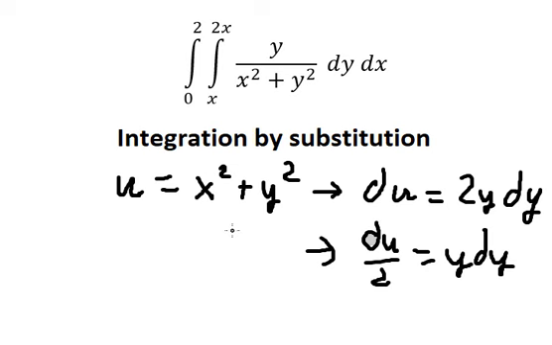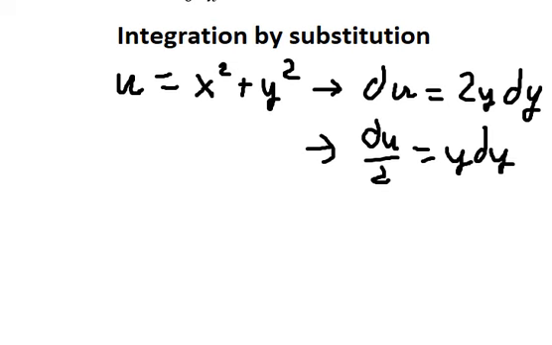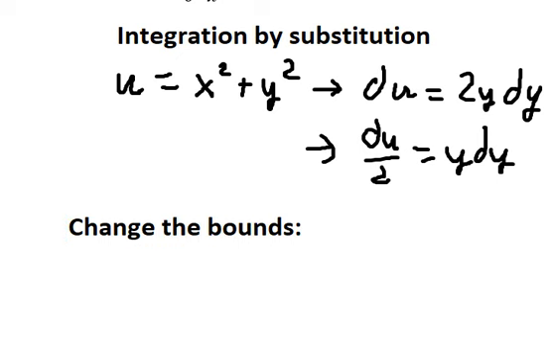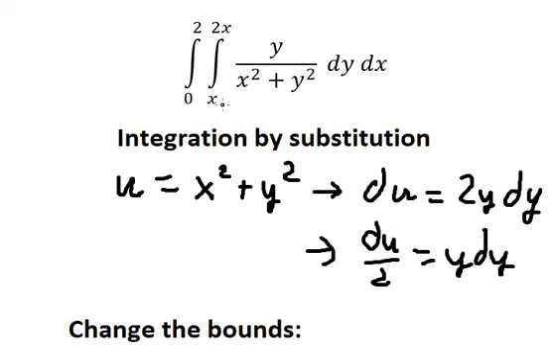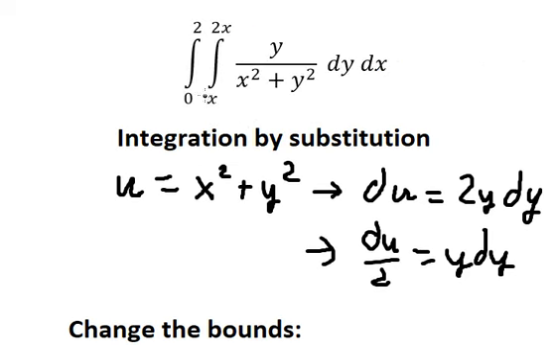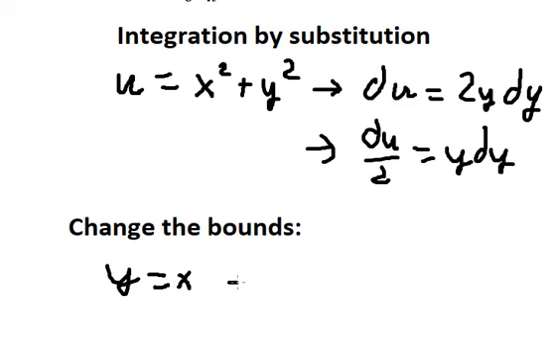Now, we need to change the bounds. When y equals s, we put s in here, and we have u equals 2s squared.